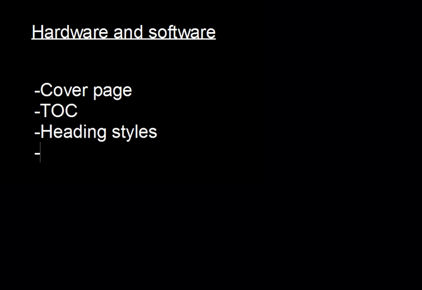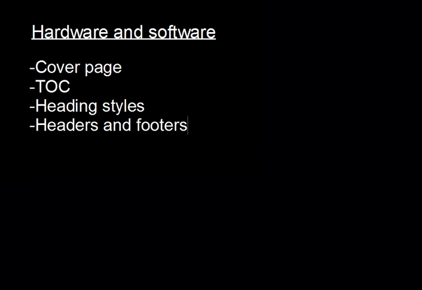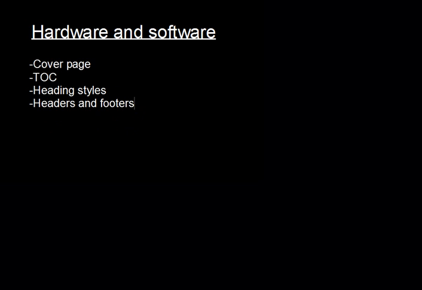You're going to need to have headers and footers, and you will also need to have some references as well. Okay, so that's the format you're going to need to include. Sorry, not the information, it's going to be the format you're going to need to include.